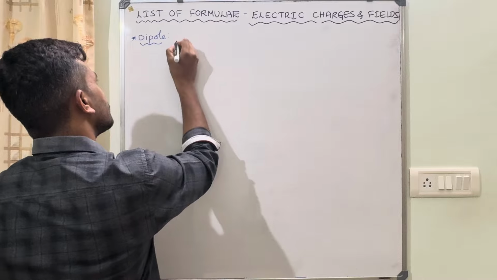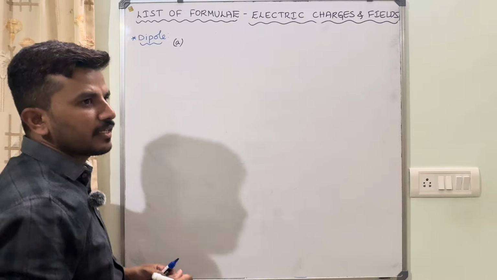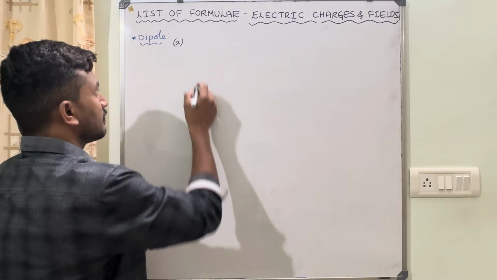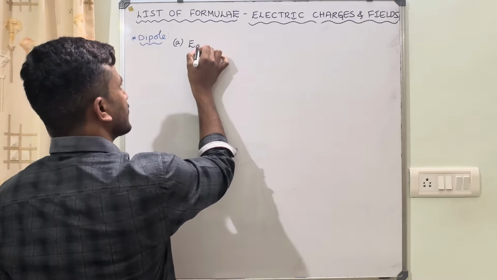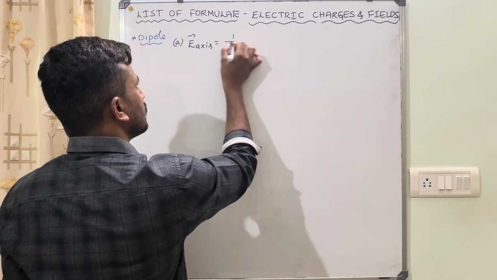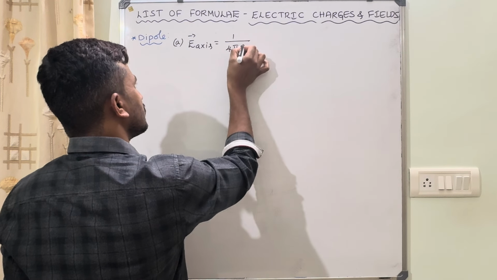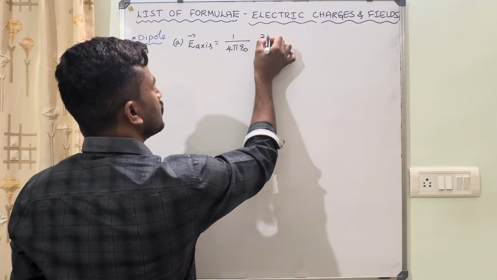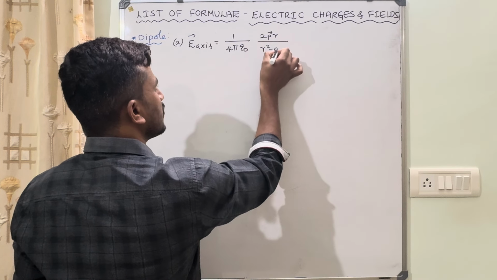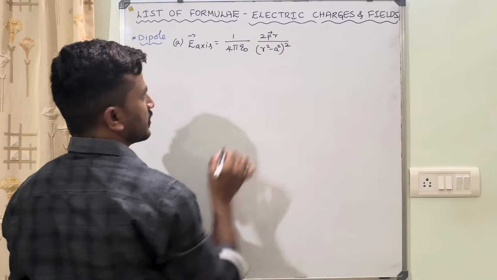In dipole we have first formula, we'll write it as A. That is, electric field due to dipole along its axis is given by E axis is equal to, in vector form also I can write, 1 over 4 pi epsilon naught 2pr divided by r square minus a square whole square.